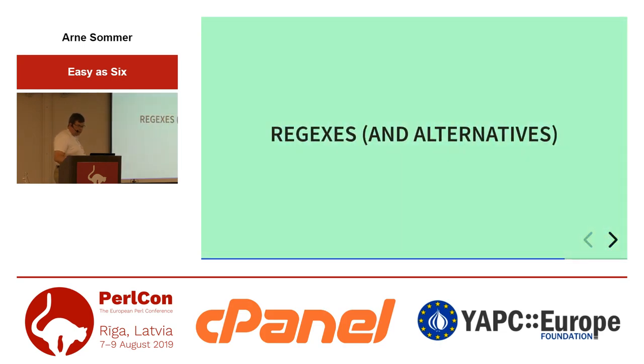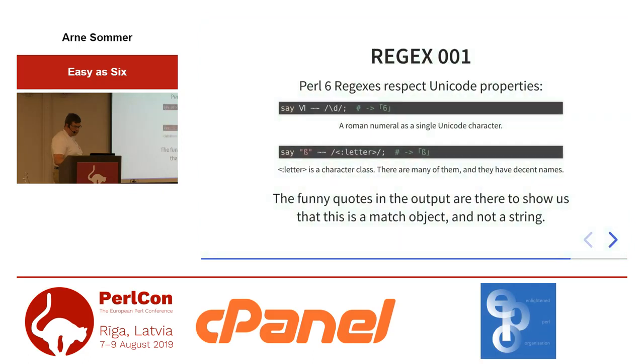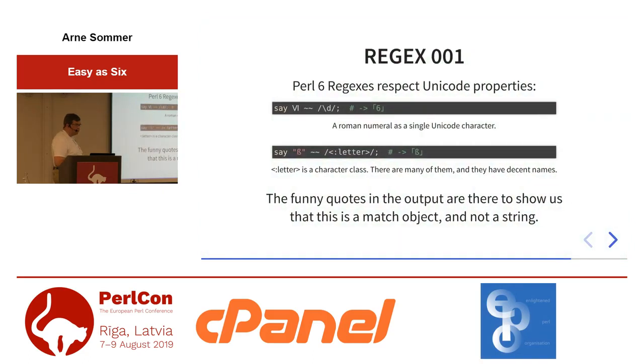Regexes and alternatives. Perl 6 regexes respect Unicode properties. The first one there is actually a Roman numeral as a single Unicode character. And it is a digit.